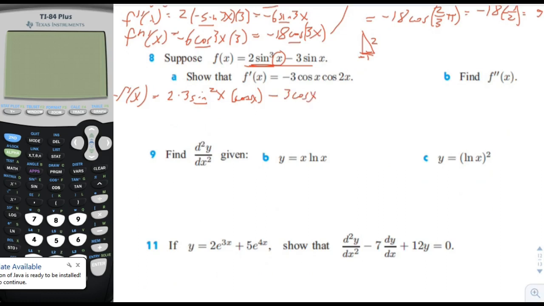Okay? And then, I think they want us to factor out a cosine because there's a cosine in both, right?